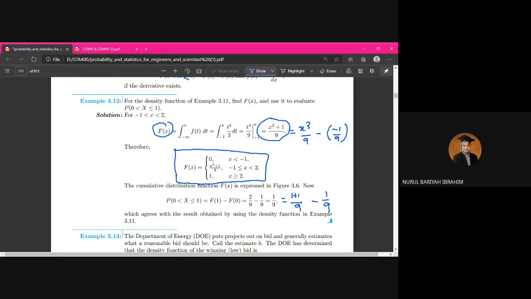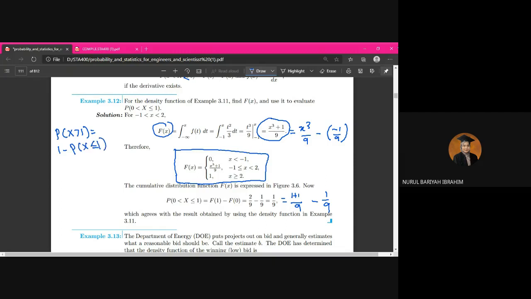Okay, let's say we want to find the probability of X more than 1, for example. How do we find this using the CDF? Make sure that the CDF function Fx is defined as X less than or equal to x. So you have to convert this first into less than or equal to form, which will be 1 minus the probability of X less than or equal to 1.